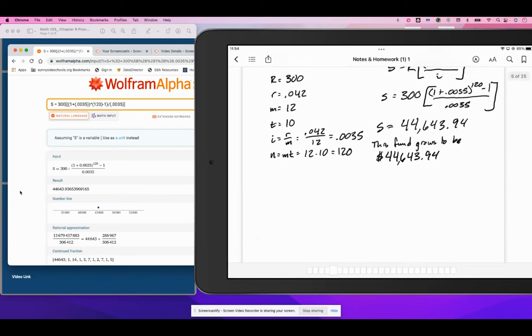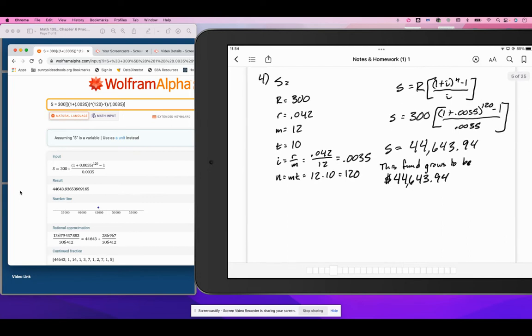Fund 2 is when they changed the amount that they were putting in to $300, that created a new fund, Fund 2. And so for total value, what we need to do is add both of those up. So total value is the 114,104.49 plus whatever is in here, which is the 44,643.94.